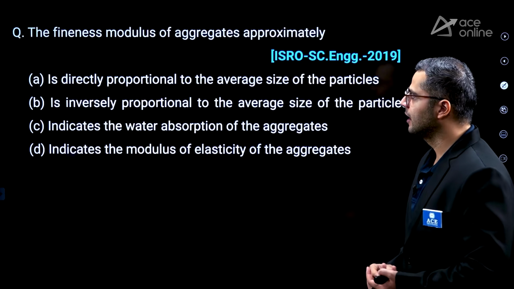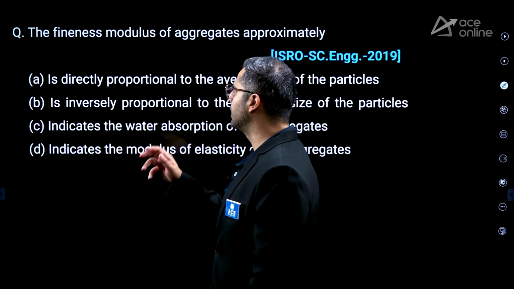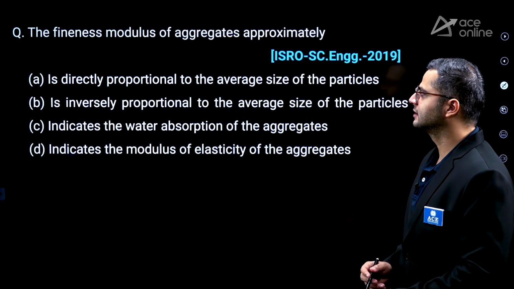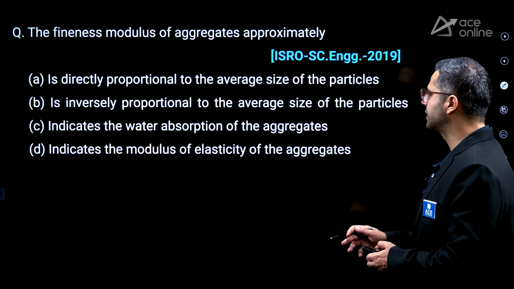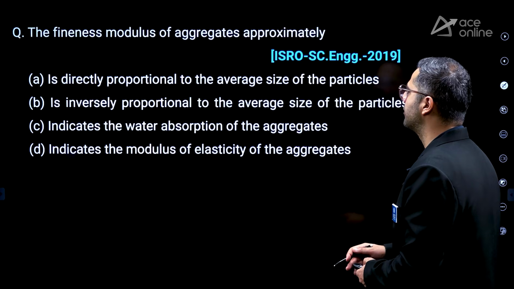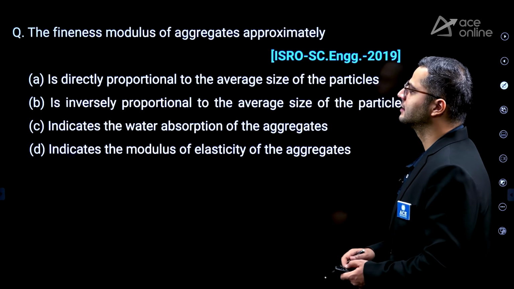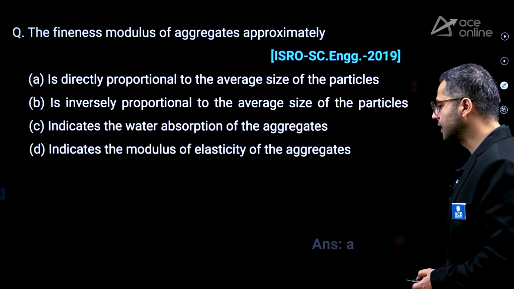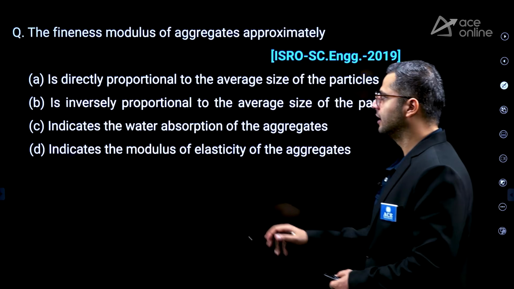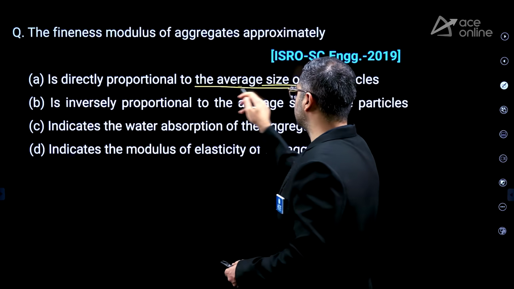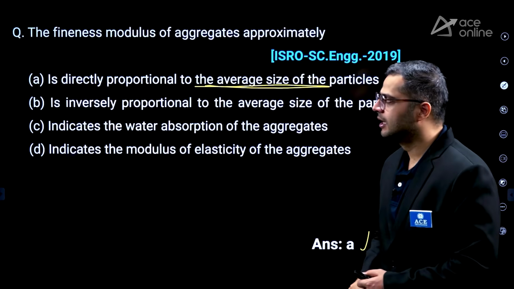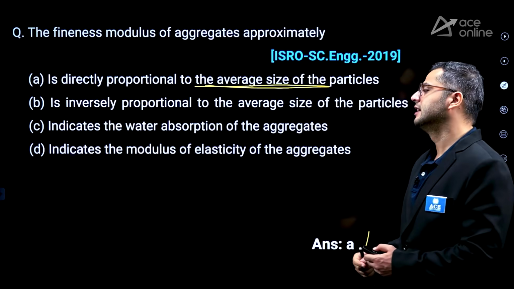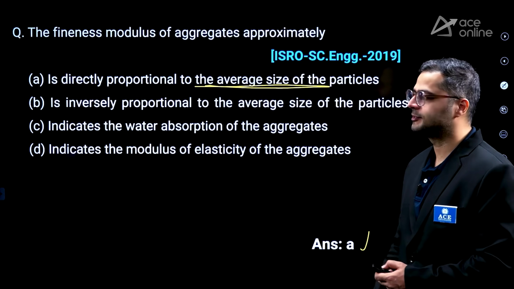Next. Here they are asking how the fineness modulus of aggregates approximately is directly proportional to the average size of the particle, inversely proportional to the average size of the particle, indicates the water absorption of the aggregates, or indicates the modulus of elasticity. Answer would be A over here. It is directly proportional to the average size. Fineness modulus will be higher for higher size particles and lower for lower size particles.